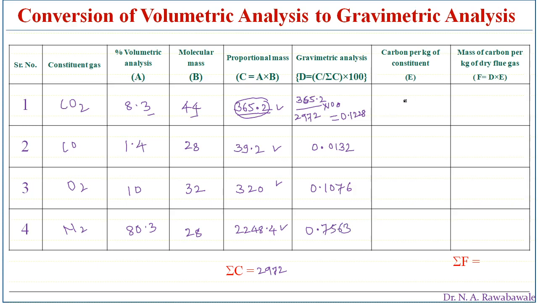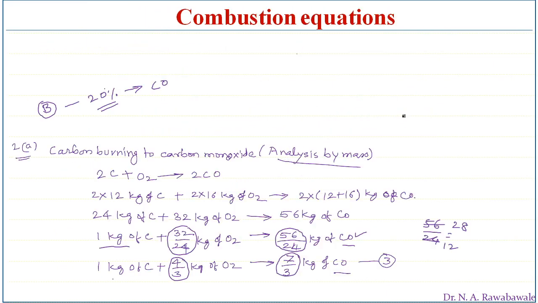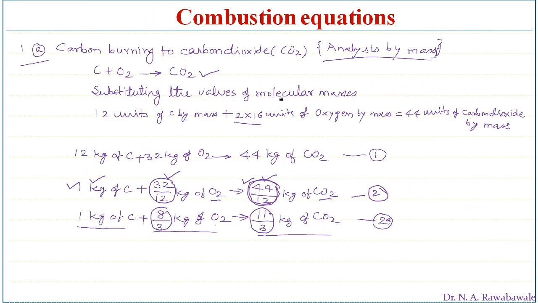Here we are writing 12 by 44. What is this 12 by 44? Coming back to the combustion equation of carbon, 1 kg of carbon requires 32 divided by 12 kg of oxygen and produces 44 divided by 12 kg of carbon dioxide. So to produce 44 divided by 12 kg of carbon dioxide, we need 1 kg of carbon.